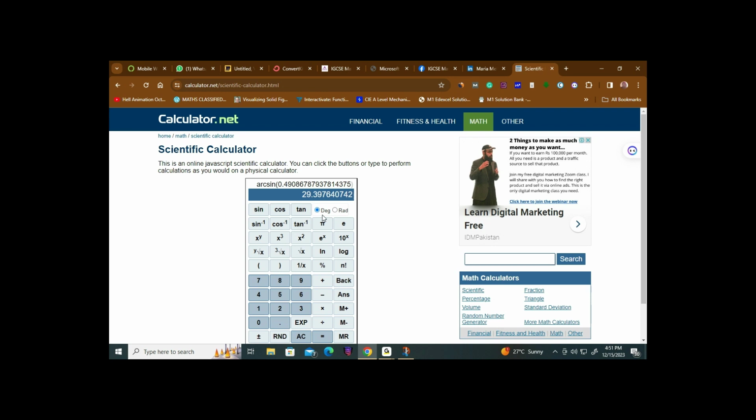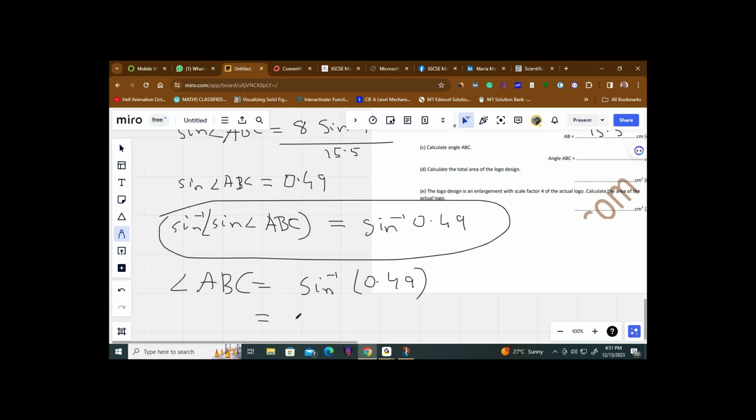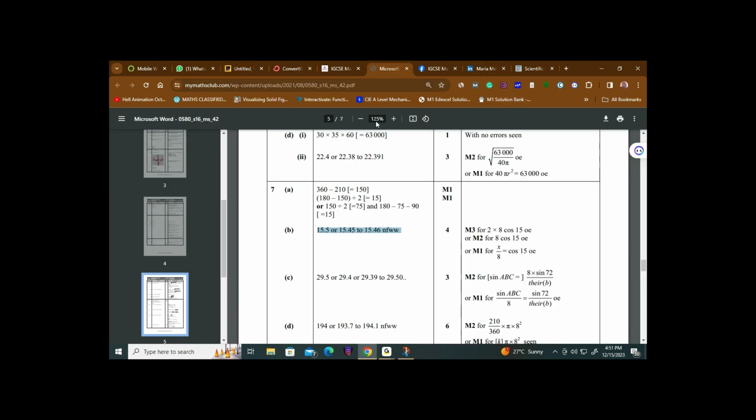If you're using radian values, then adjust it to radian mode. Be careful in that, otherwise you are going to get wrong answers. So 29.4 degrees is your answer for angle ABC. Let's check the answer here. Okay, yeah, that's right. It's correct.